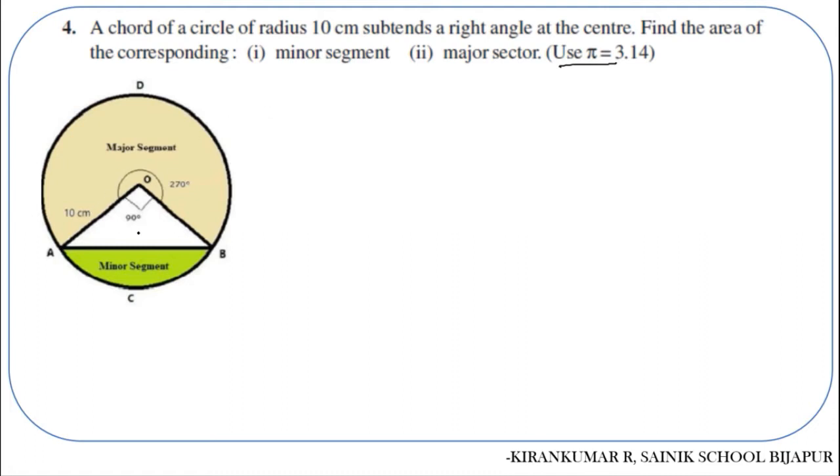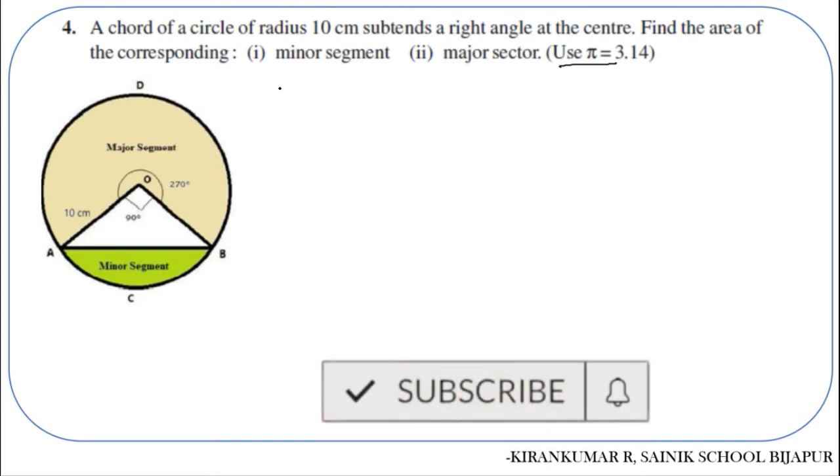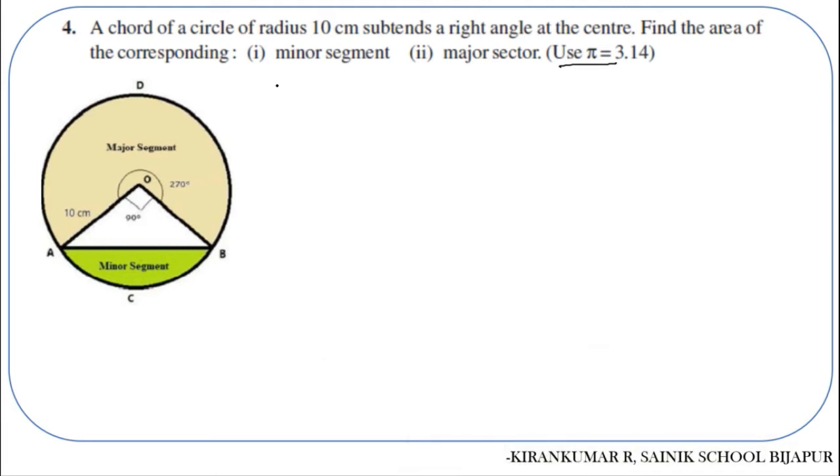The chord AB subtends an angle 90 degree at the center. So area of this particular sector minus the area of triangle, we will be getting area of minor segment. So first what we need to do is we'll find out area of the sector OACB.